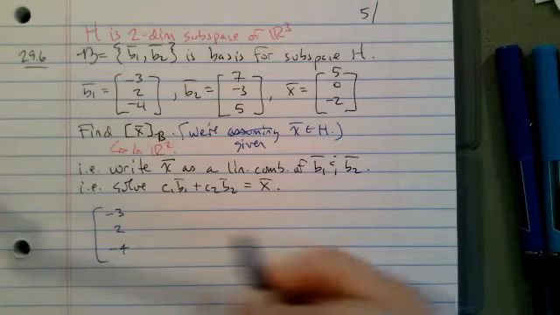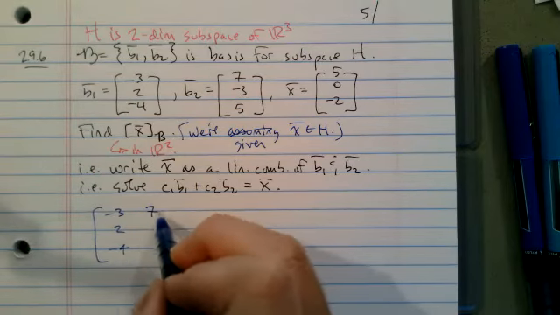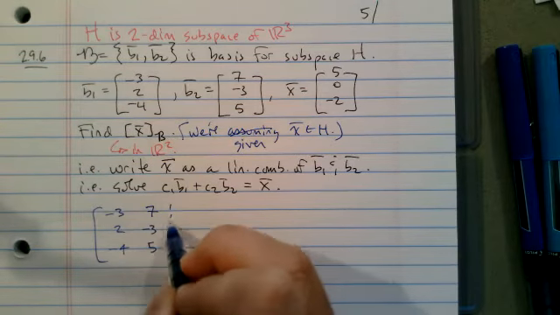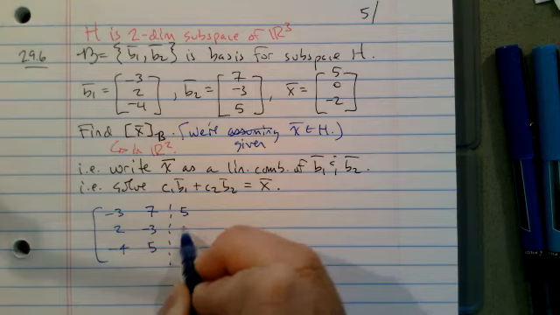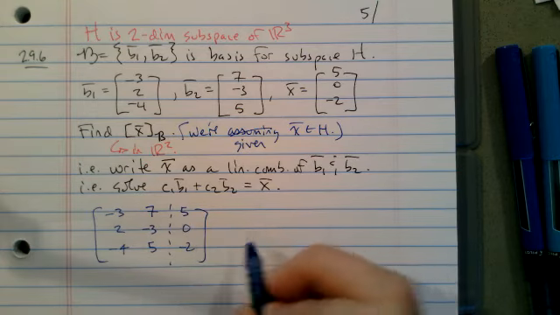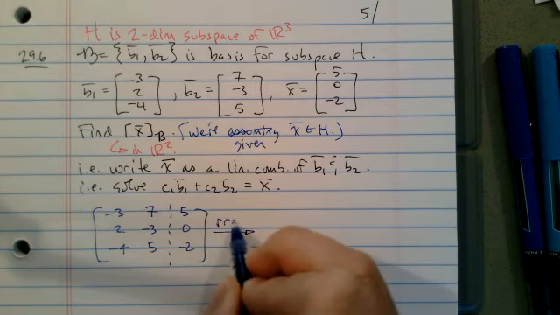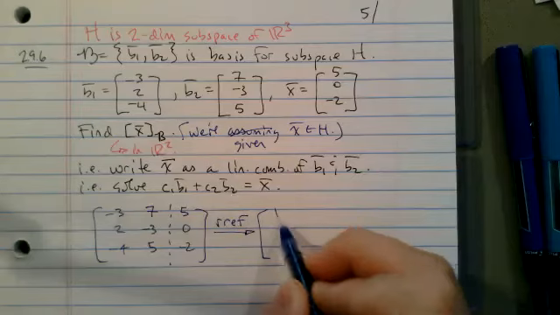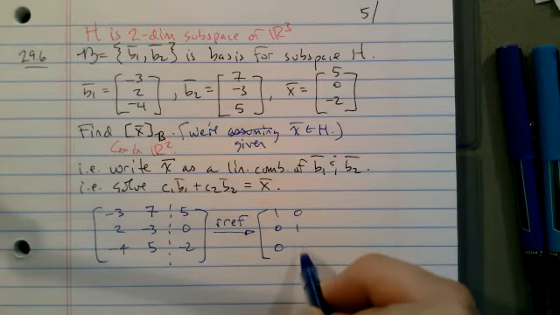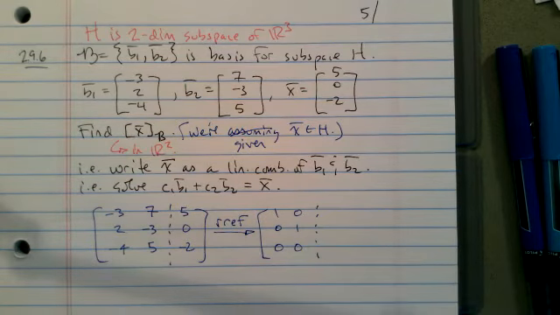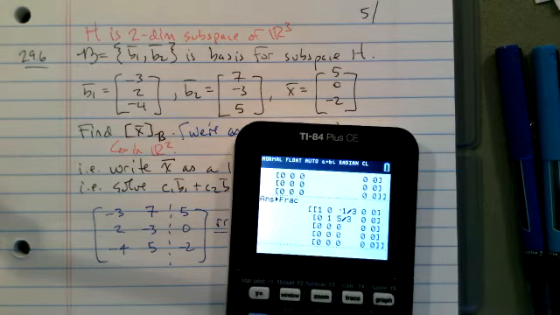So I'm going to make an augmented matrix with B1, B2, and x, and find the reduced row echelon form. I know what the first 2 columns are going to look like, because if they don't look like this, I don't have a basis. I just need what that 3rd column is going to be, and I can't just see it.